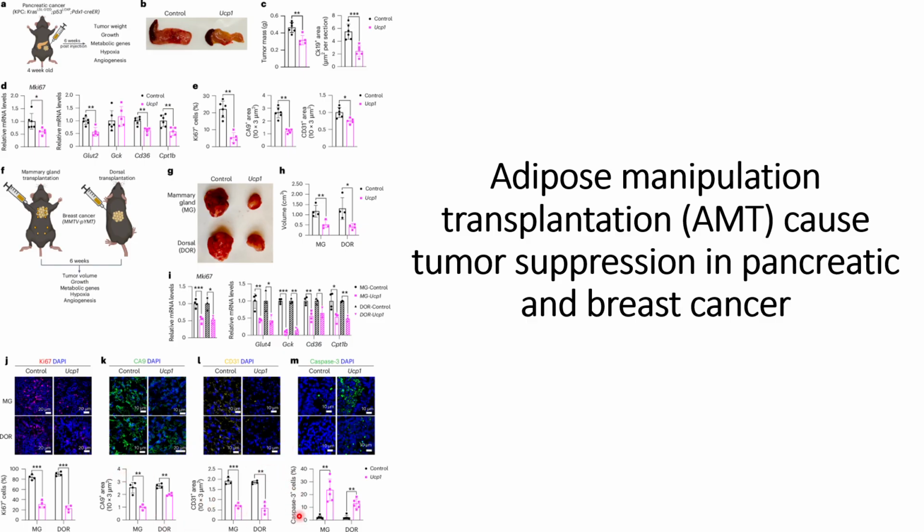For caspase 3, the signals are higher where the adipose with UCP1 upregulated is co-transplanted with the tumors. Both of these studies show that AMT transplantation can be used as a therapeutic approach to suppress tumor progression.